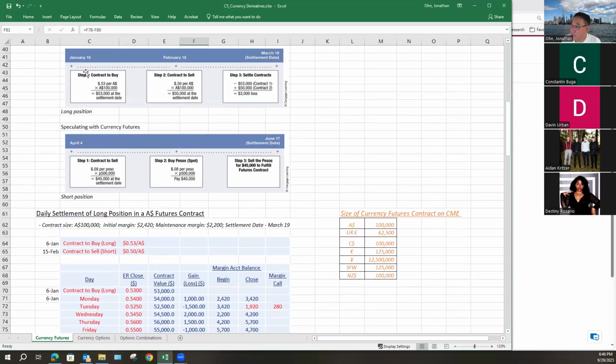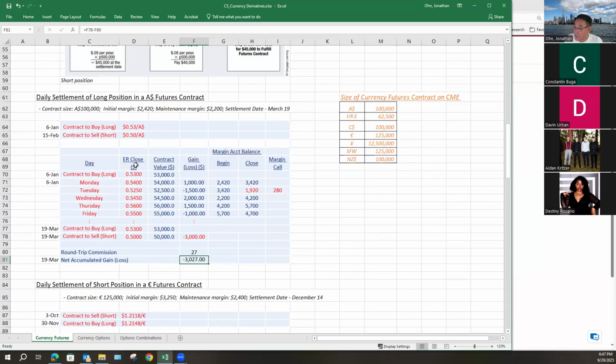I just used the same information, to show how this happened and what the detailed procedure is daily. Daily settlement, right? You see that it's called marking to market, and this is the finalization of this transaction at the settlement date, March 19th. So the net accumulated loss is $3,027. All right, that was your long position.